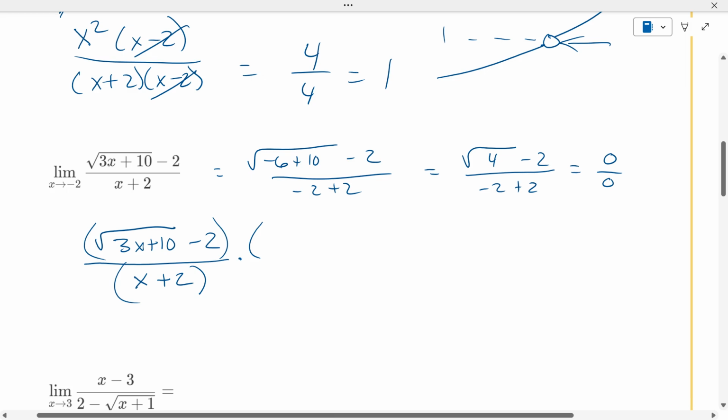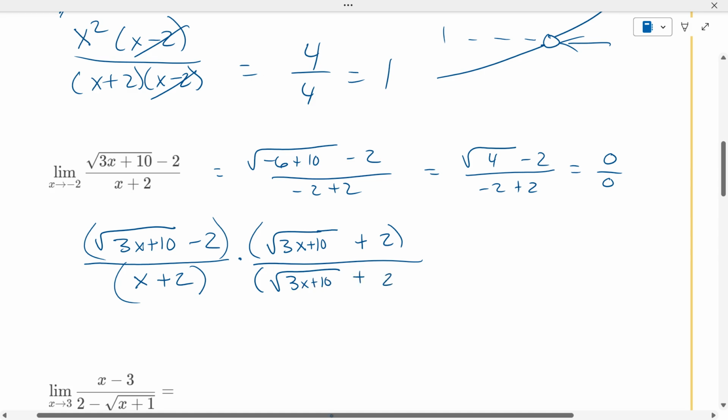Sometimes we'll rationalize the numerator, sometimes the denominator, but we'll multiply both the numerator and the denominator by what's in the numerator, except with the opposite sign. So the square root of 3x plus 10 plus 2, both the numerator and denominator times that.